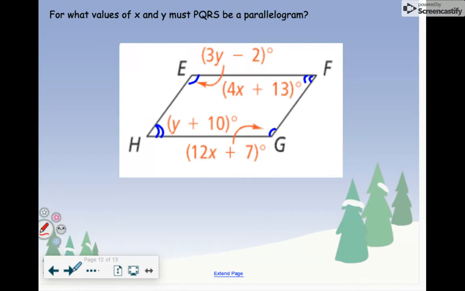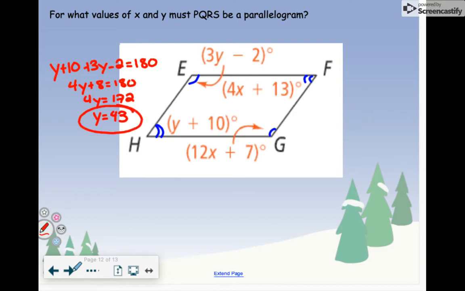So over here, y plus 10 plus 3y minus 2 has to equal 180. Well, if we combine like terms, we get 4y plus 8 equals 180. 4y equals 172. So the answer is y is equal to 43. So we found that answer right there.